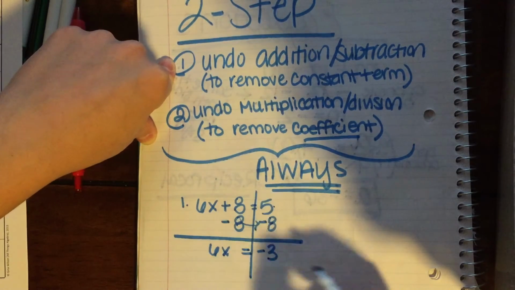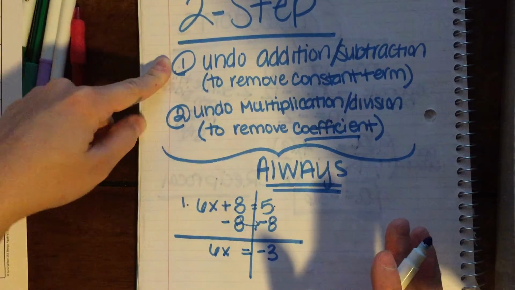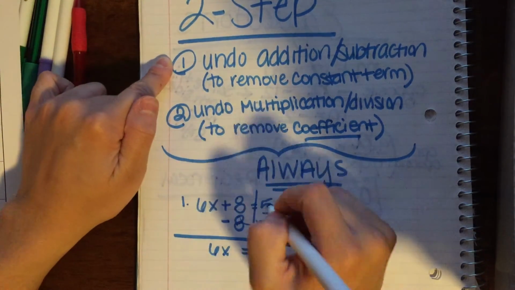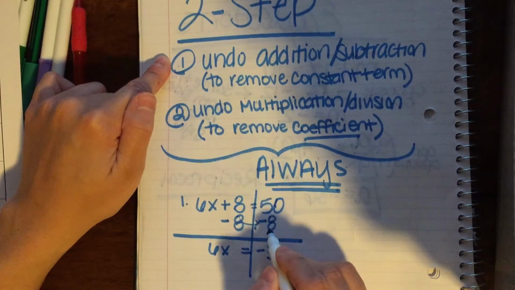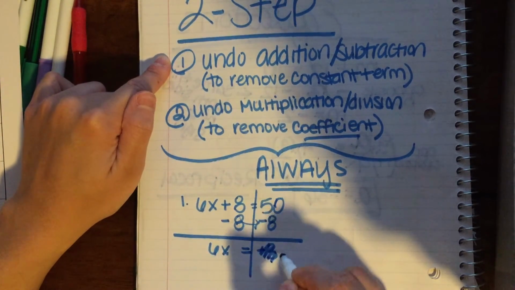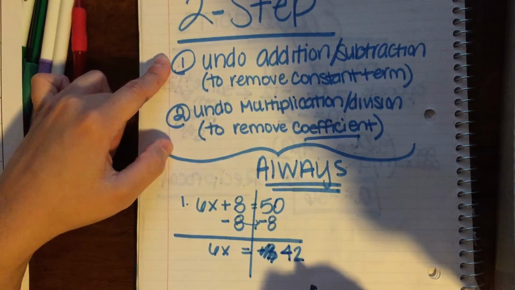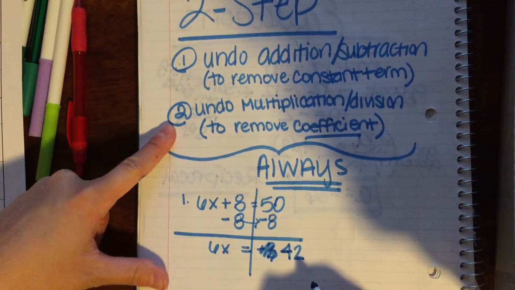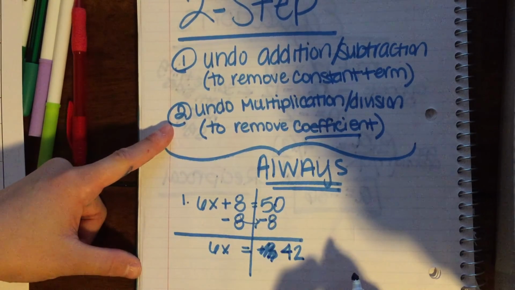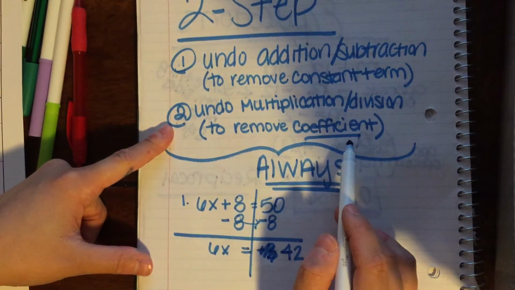Oh, I wrote it wrong at first, this should say 50, sorry. So 50 minus 8 will get us 42.